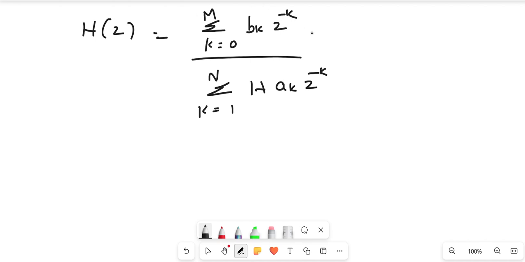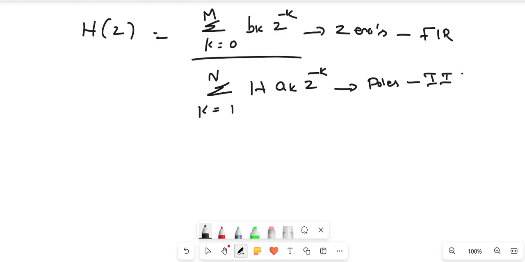The numerator polynomials are called zeros of the system. The denominator polynomials are called poles of the system. Already we discussed this is also called a FIR system, and this is called an IIR system.